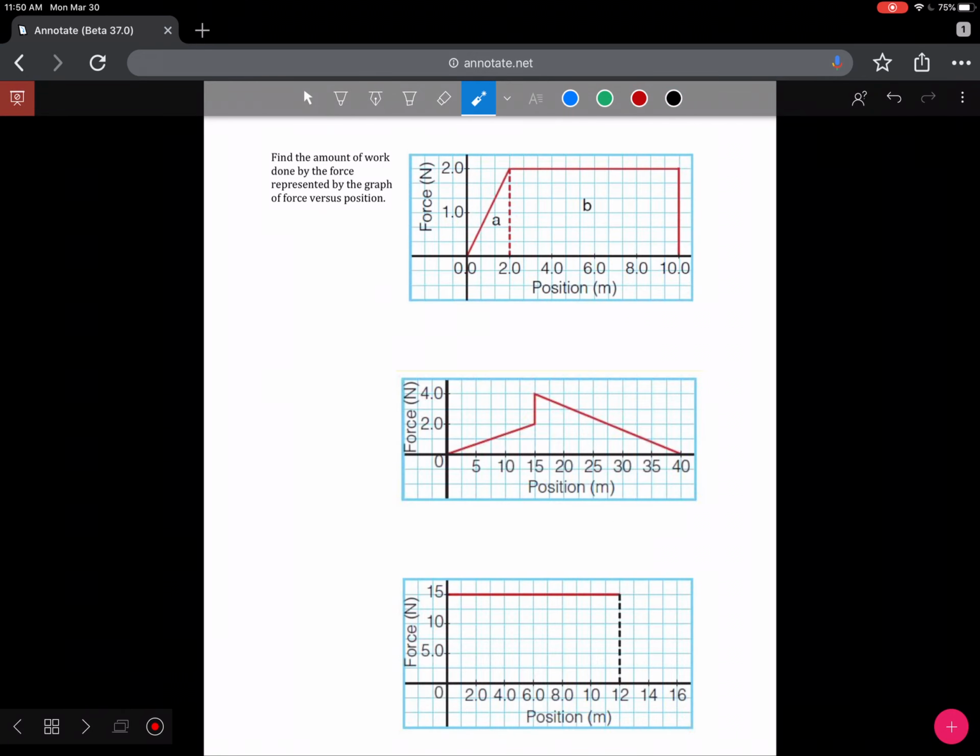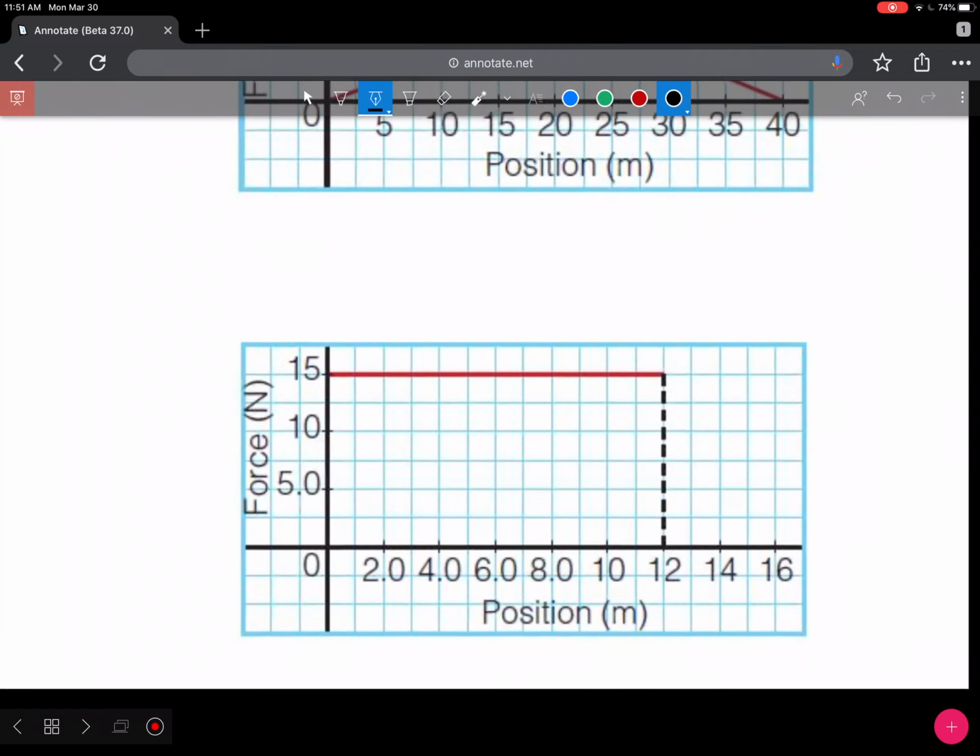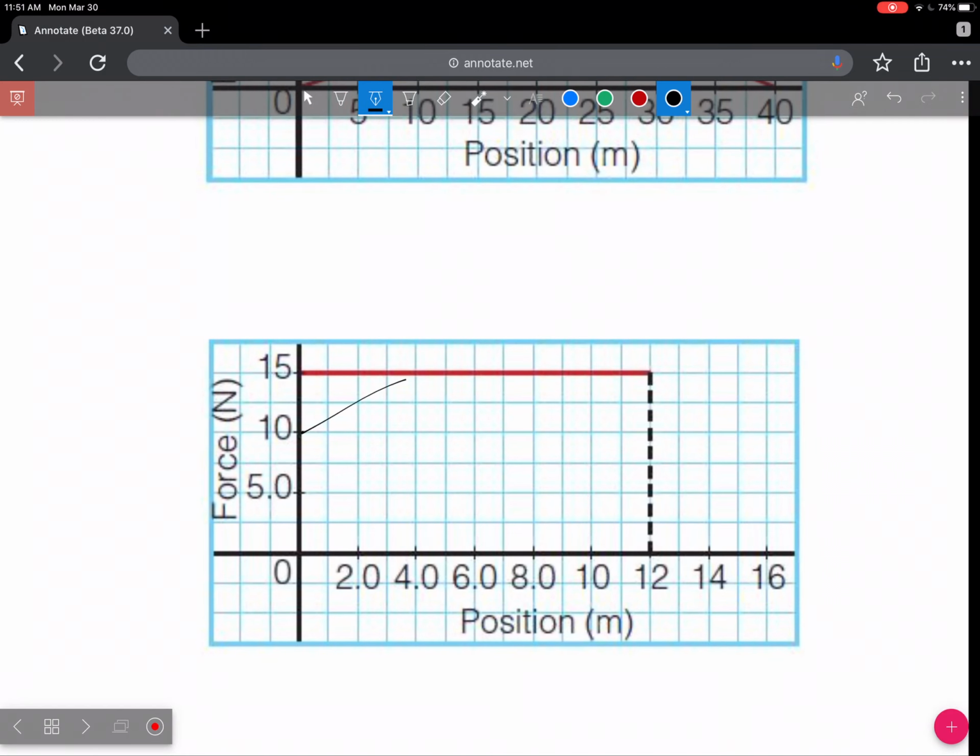Alright, so when we're working with these types of graphs, and these three that I've given to you here, 2 of them look pretty challenging because you have different shapes going on. But the third one here is quite simple, so let's start with that one. If we want to calculate the area, we shade underneath the graph and we get the area of a shape. This time it's a rectangle, so LW.